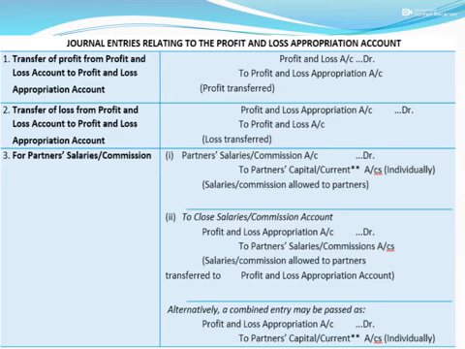It means whatever net profit we have in our profit and loss account, we will transfer it to the profit and loss appropriation account. So the journal entry is profit and loss account debit to profit and loss appropriation account.